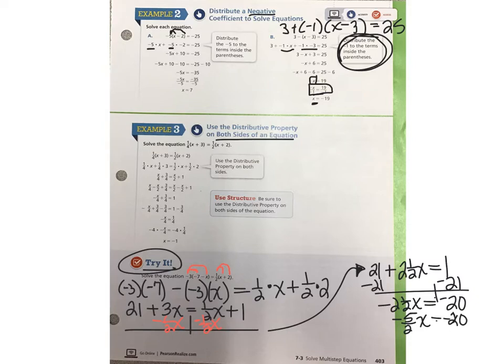If I can get my stylus to work there. There we go. And then multiply both sides by a negative 2/5. And then see if you get what I get for x. In this case, x equals 8.